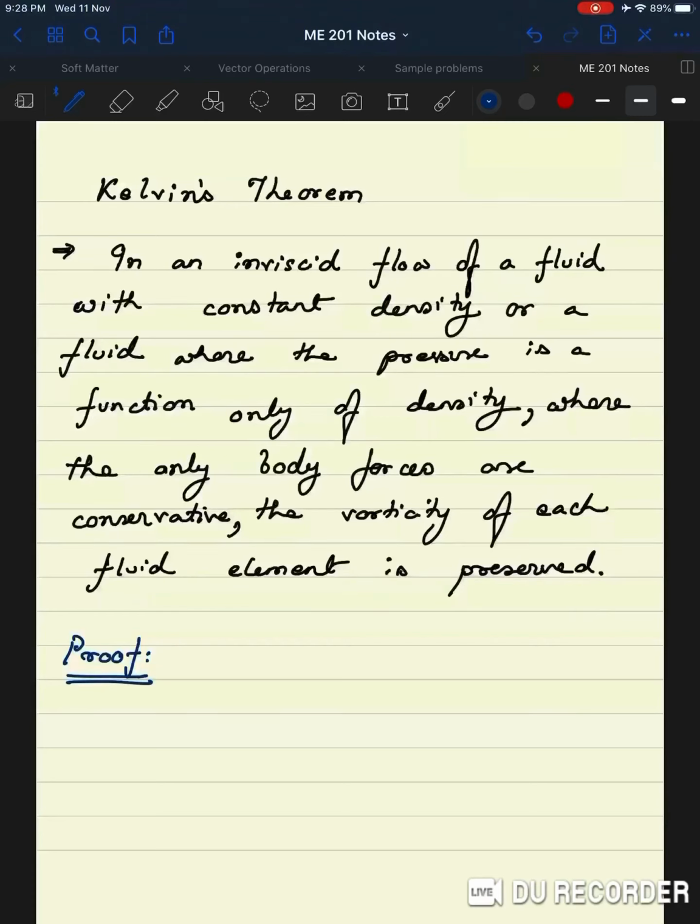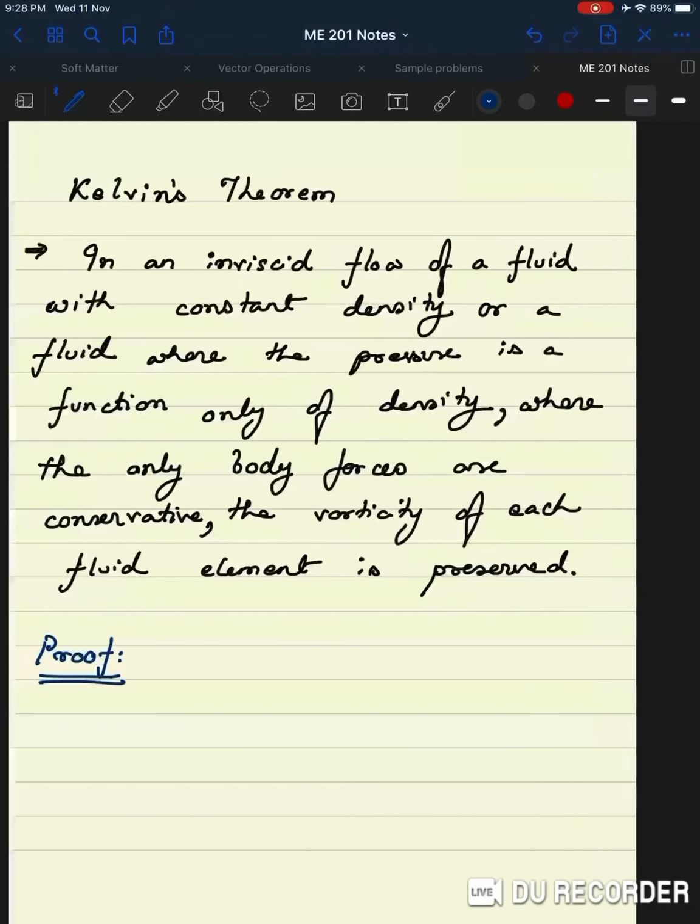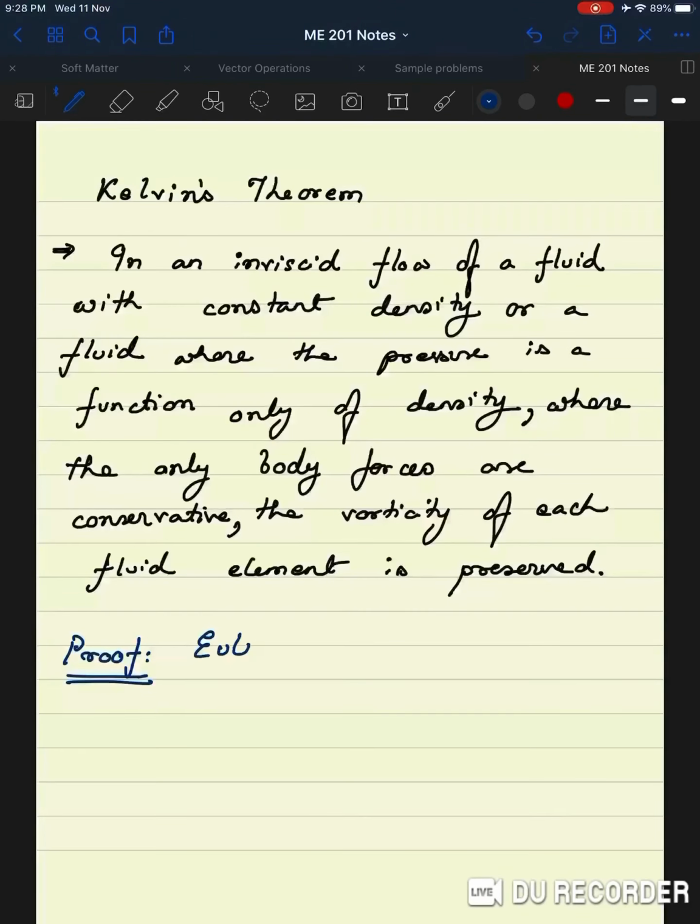So let's start with the first thing, which is we have an inviscid flow, right? So we will write Euler's equations. So Euler's formulation is valid, will be taken, and I am going to just write this in index notation.